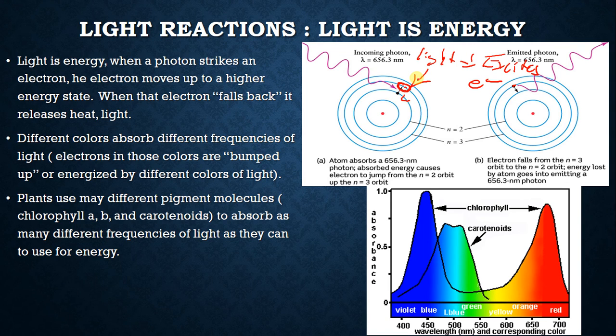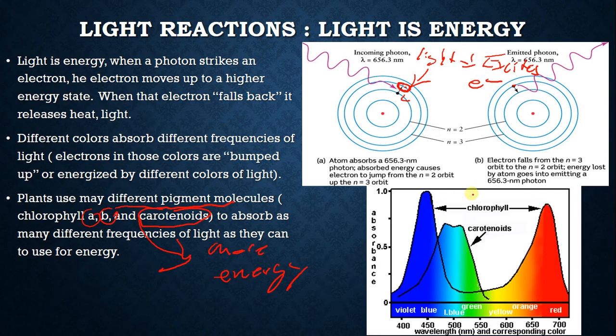This is all important because plants use many different pigment molecules like chlorophyll A, B, and carotenoids to absorb as many different frequencies of light from the sun as possible, so that's more potential energy, more energy that they can get from that sunlight to excite electrons. Because excited electrons is how the plant gains energy from sunlight.